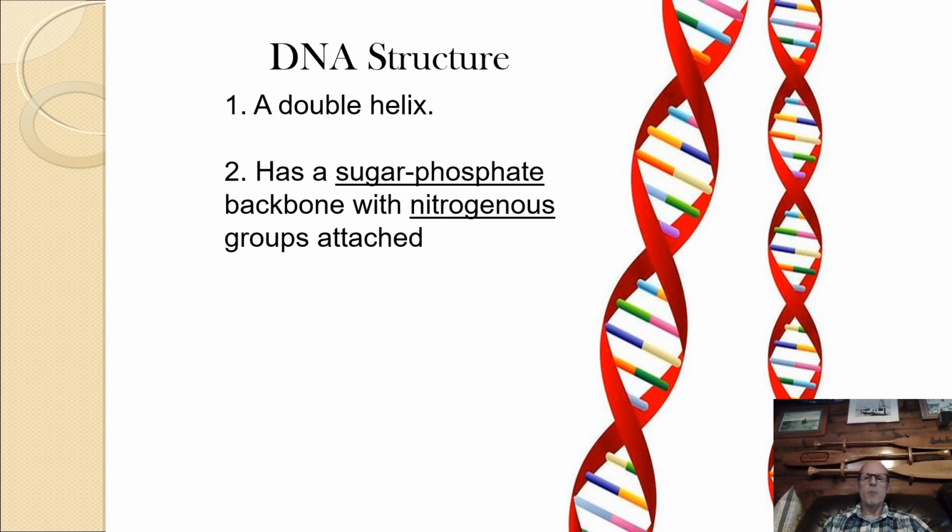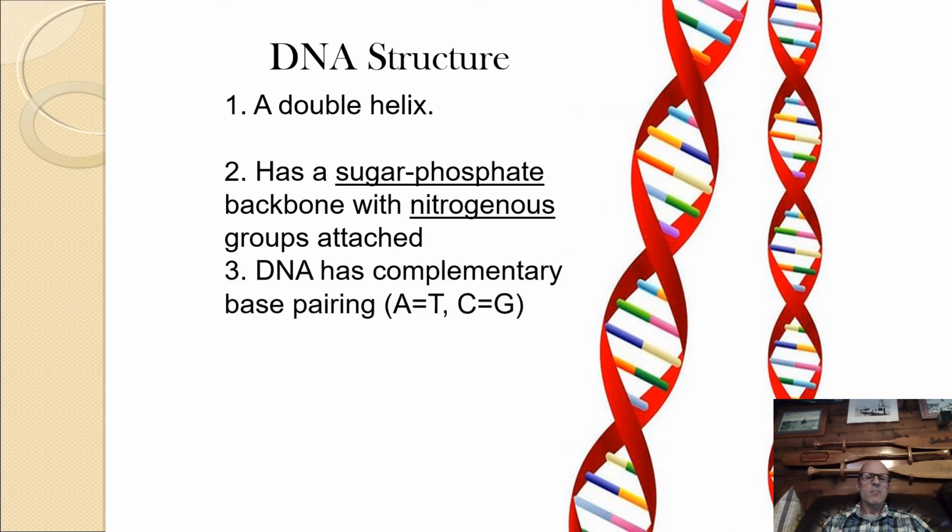Adenine is double hydrogen bonded to thymine, and guanine is triple hydrogen bonded to cytosine. DNA is complementary base paired. We know that adenine must be bonded to thymine, and we know that cytosine must be paired with guanine. If that doesn't happen, it turns out later that we've got ourselves a mutation.